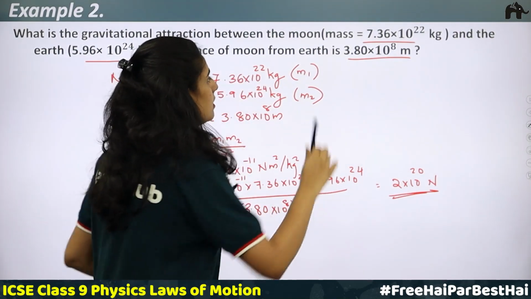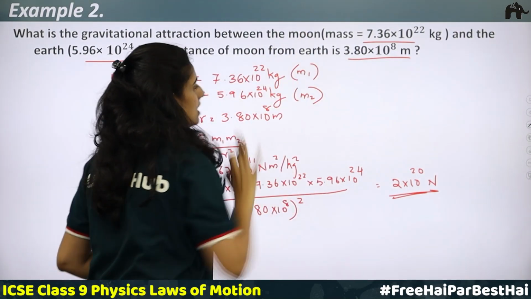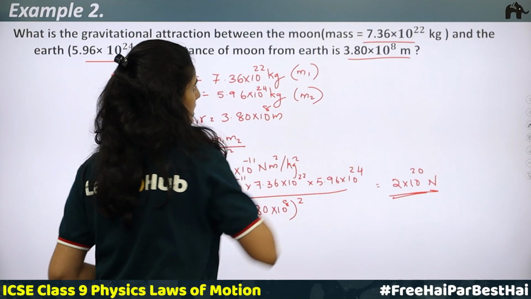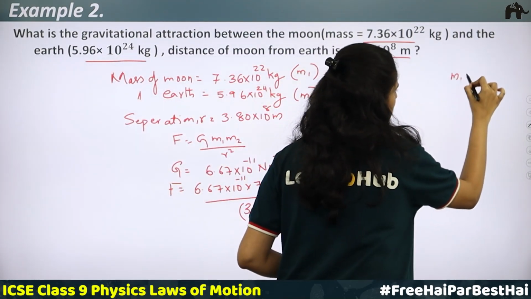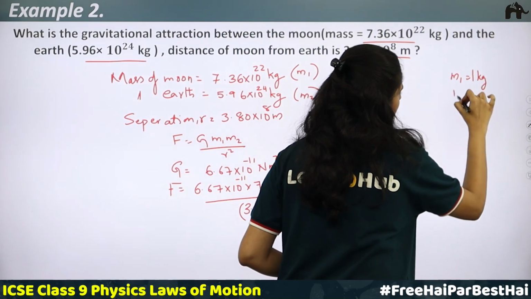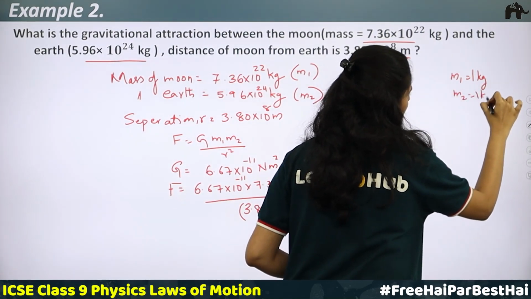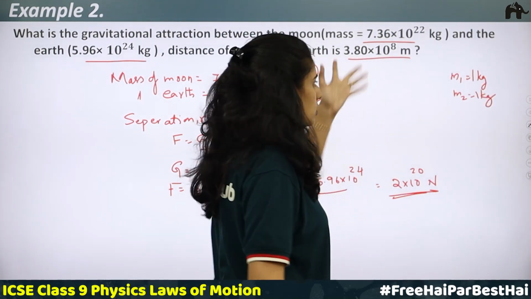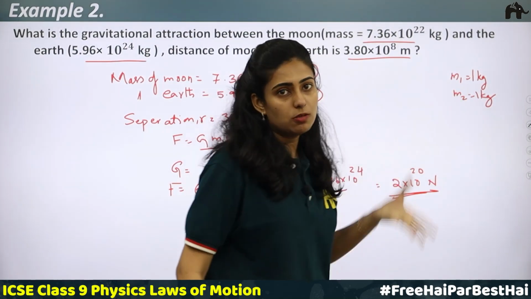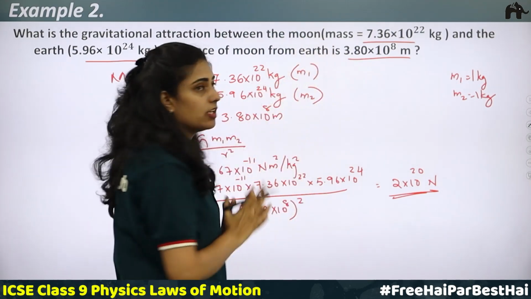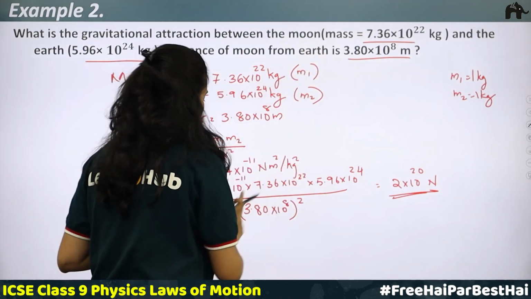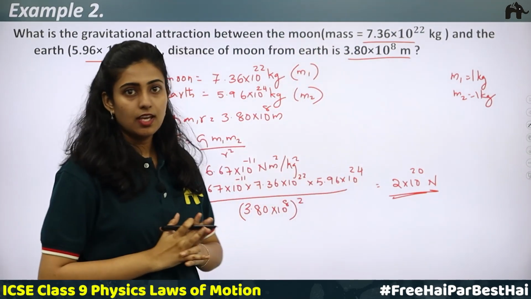So here we can see the bodies are moon and earth. In the previous question, we have seen that mass M1 is 1 kg and M2 is 1 kg. So compared to this, they are very small bodies, right? They are not that massive. Here we have heavenly bodies which are massive, and in that case, gravitational force is also higher.